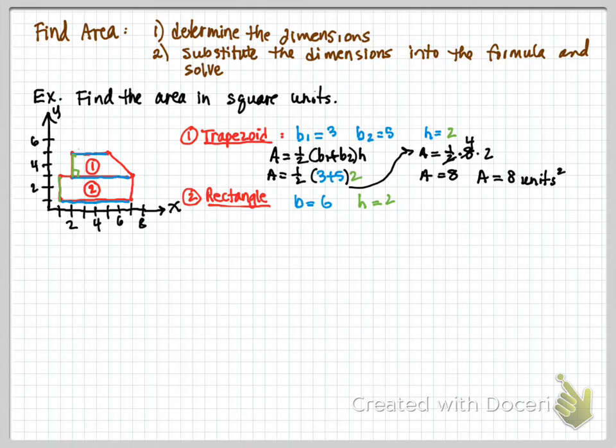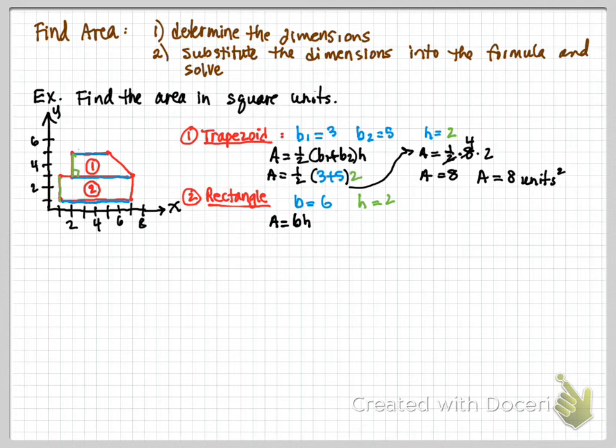Okay, so the area of a rectangle follows the same idea as what we have for a parallelogram. I could say W and L for these two things as well. So I'm just going to say area is equal to base times height, because all rectangles are parallelograms.